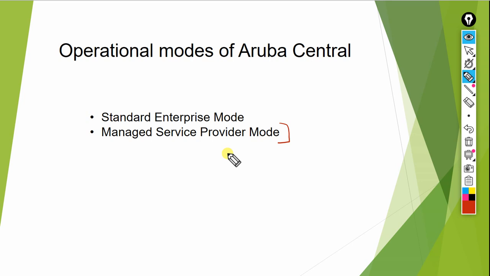So this is a wider concept. Let's say we talk about the managed service provider mode for Aruba Central. I'll type AC for Aruba Central, and MSP for managed service provider mode.